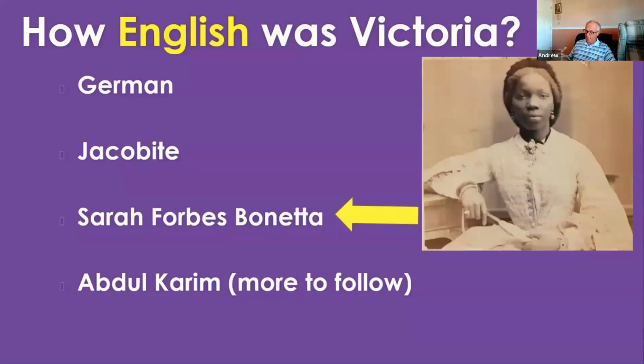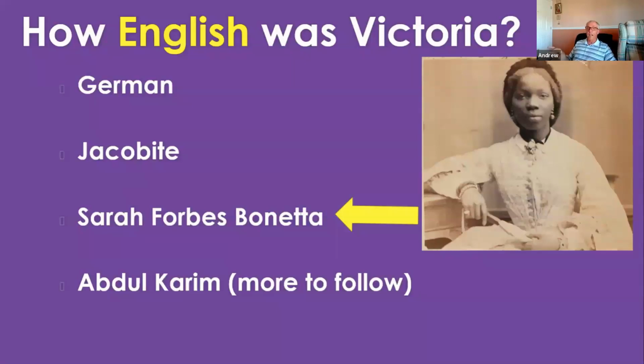She's going to have an Indian manservant. We'll talk about him next week, Abdul Karim. And I like this other little story. You're seeing an image of a woman called Sarah Forbes Bonetta. She was a freed slave. She was actually in the Caribbean. She was bought by an Englishman. She was brought to Britain in 1849. Victoria wanted to meet her. They met at Windsor Castle.